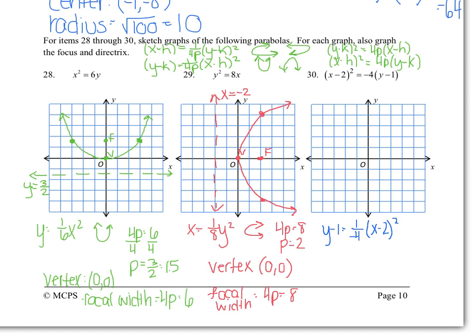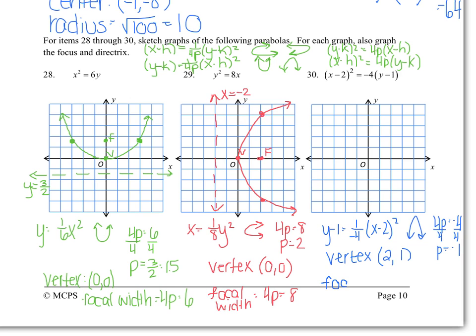So this tells me it's going to open in the y direction, but p is going to be negative, so it's going to open down. 4p is going to equal -4. So if I divide both sides by 4, p is going to equal -1. My vertex this time is going to be 2, 1, because my x is here, my y is here.